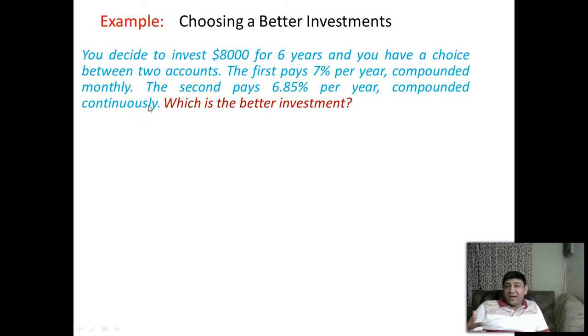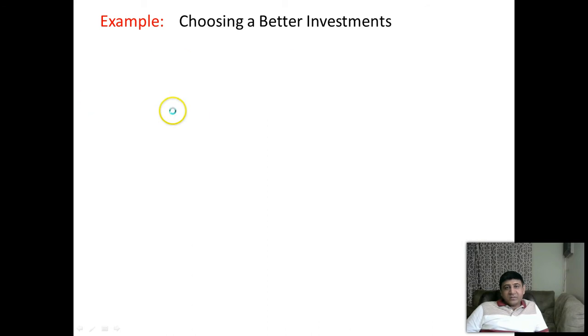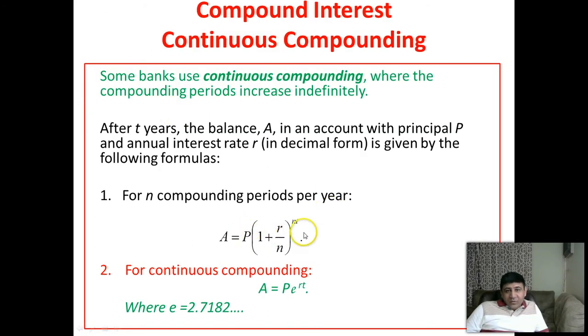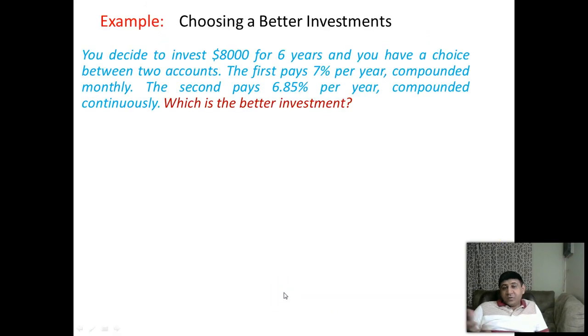You want to decide which one is the better investment. Remember that we have two choices here. One is compounded monthly, so n is equal to 12, and the second one is compounded continuously. For the first part we will use this formula, and for the second part we will use this formula, and you will see which one we will choose.